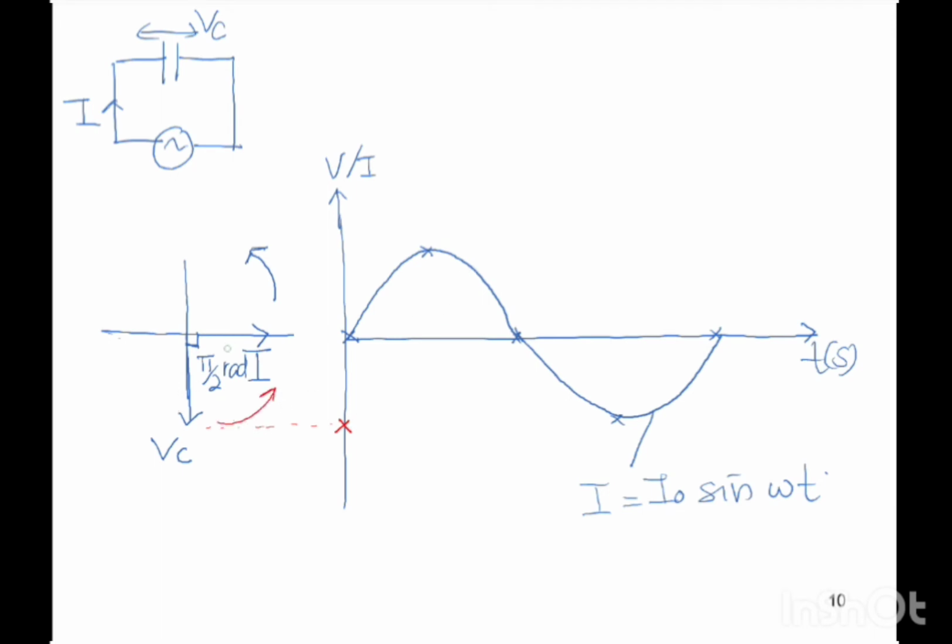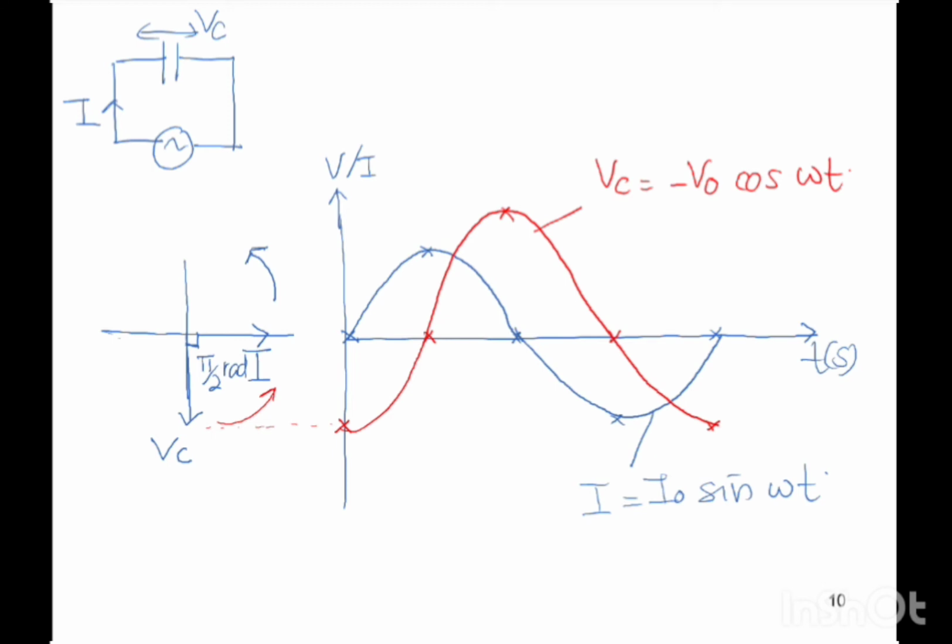So when pi over 2 here, maximum 0, and minimum. So when we rotate here, we get VC equals negative V naught cos omega t.